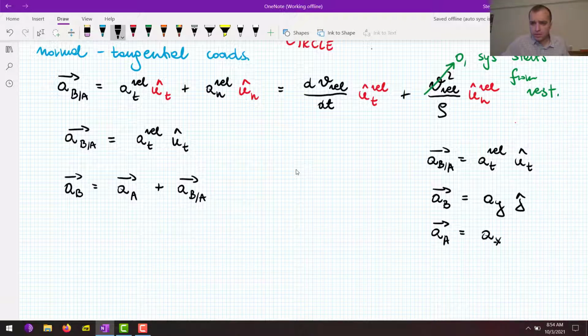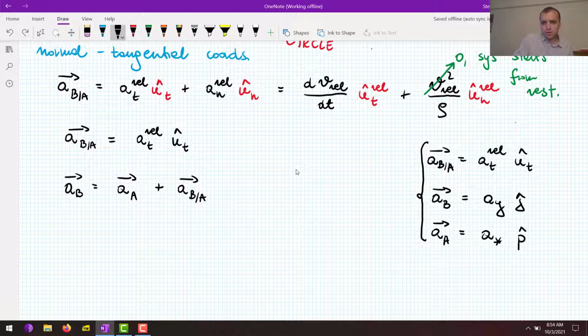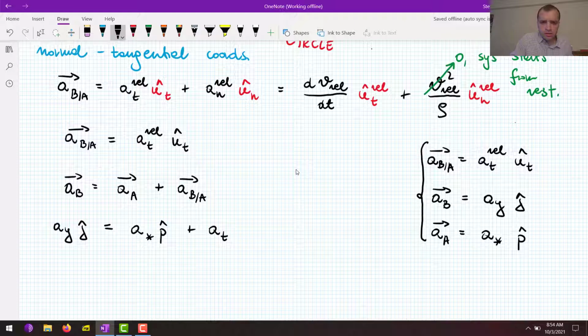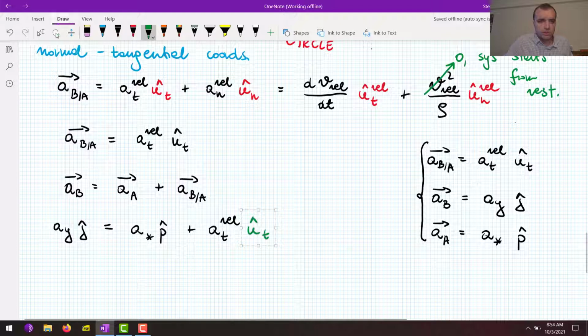It is a_star p. So now let's plug these 3 vectors into this equation. We will have here A_y j equal to a_star p plus a_t rel u_t.